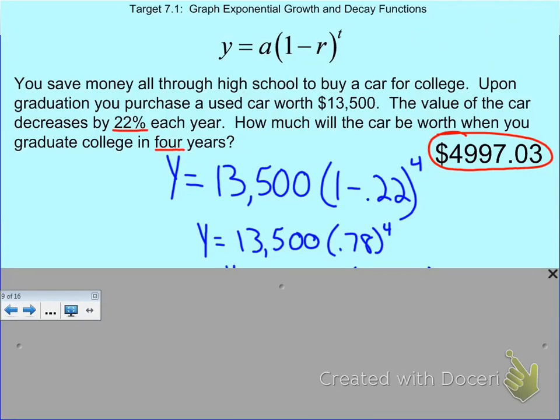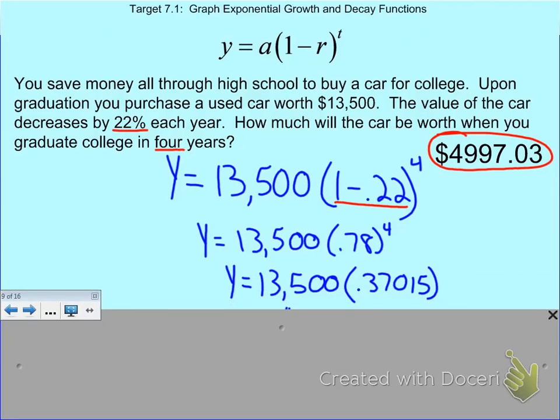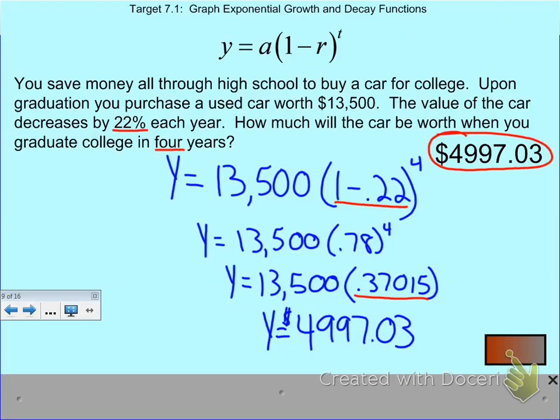So we subtract 1 minus 0.22 and we get 0.78. 0.78 to the 4th power is 0.37015. Then we take that times the 13,500 and we get the not so good answer, actually, because our car decreased a lot over those 4 years, of $4,997.03.